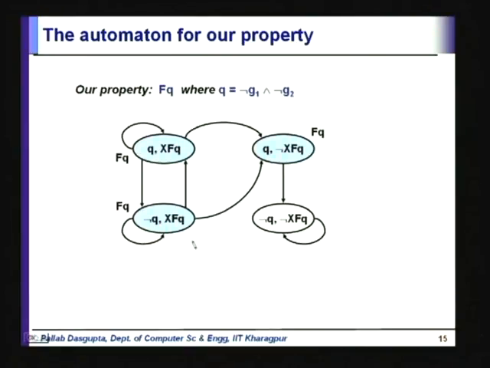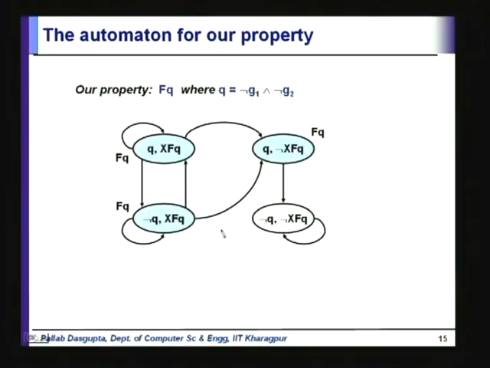So, this is a start state because we start with a not Q state. So, we get a not Q, we remain in this, again not Q, again not Q, and then when you get a Q, then you go to this one and you have that it is satisfying. Now, you see that every run which satisfies FQ is there in this.